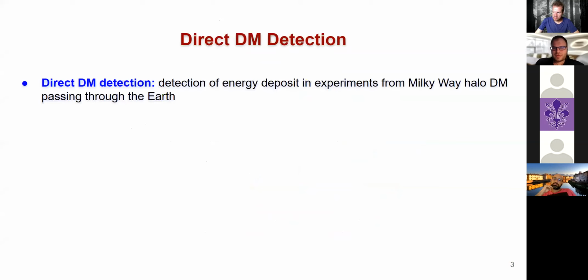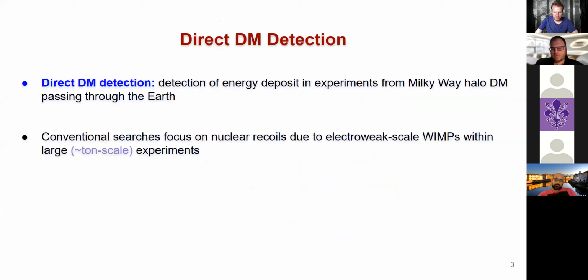In direct dark matter detection, you detect the energy deposited within the experiments from the Milky Way halo dark matter passing through the Earth. The conventional direct detection searches focus on nuclear recoils due to electroweak scale WIMPs within large, here meaning ton scale, experiments, and look for signals that way.